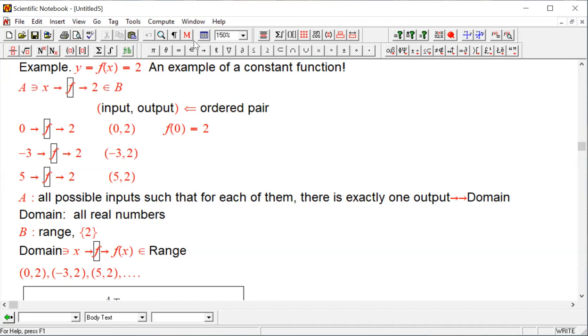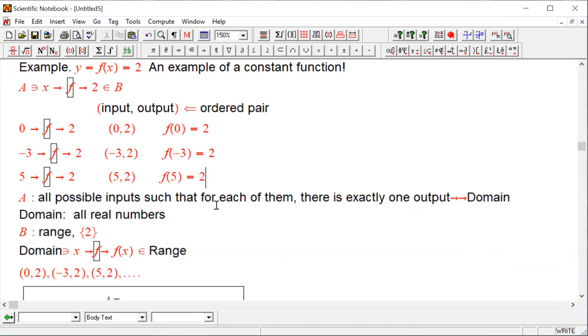And over here, you can write f of -3. You read it as f of, then you mention the input. And the other one is that you can use the input of 5 and the output is 2.